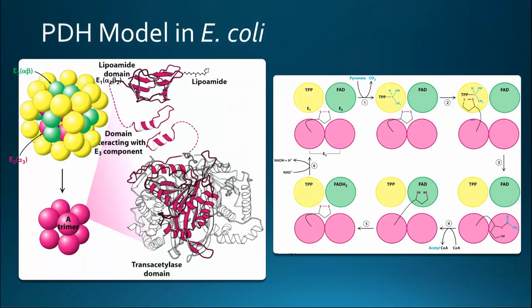The regulation of pyruvate dehydrogenase is obviously very important because it is a far from equilibrium step, and it is the committed step for pyruvate being used to generate energy as opposed to pyruvate being used to generate glucose.